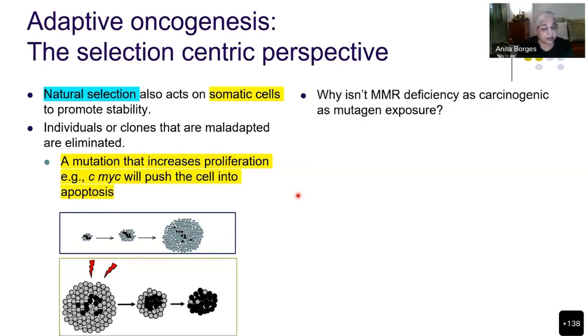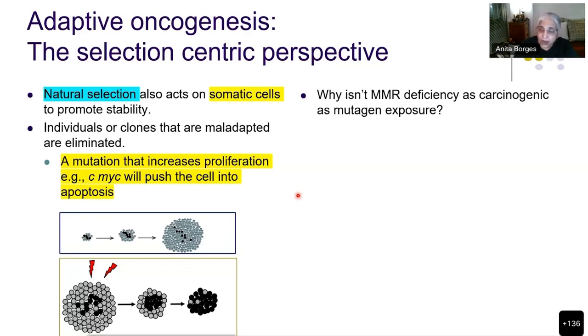Okay, but then why do we get tumors? And here is a good example. You know that you have what is called mismatch repair deficiency, in which mutations are obviously happening continuously, and mismatch repair genes are trying to repair the genome. If they don't, then the cell is pushed into apoptosis.